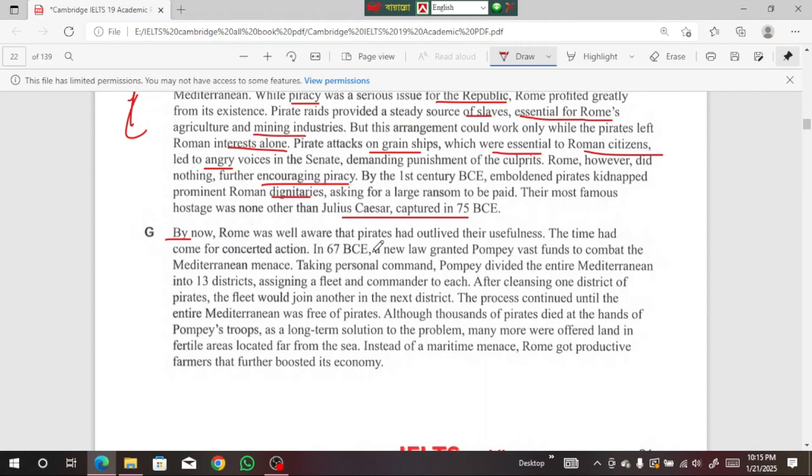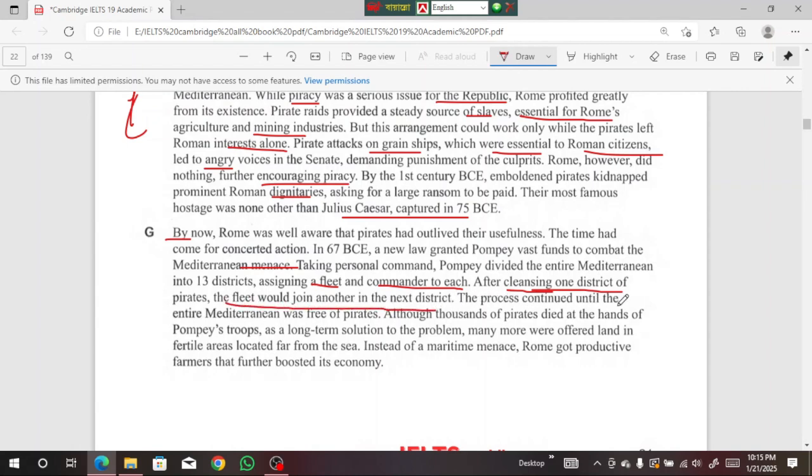In 67 BC, a new law gave Pompey the power to found and combat the maritime menace. Taking personal command, Pompey divided the inner Mediterranean into 13 districts, assigning a fleet commander to each. After clearing one district of pirates, the fleet would join the next district.